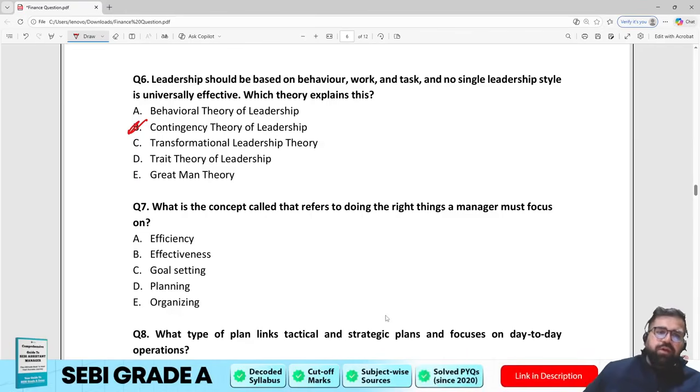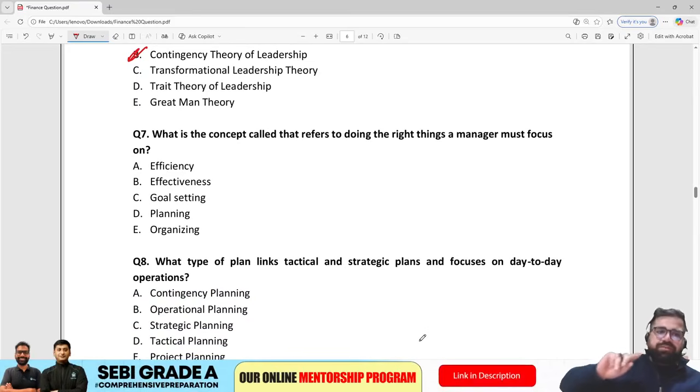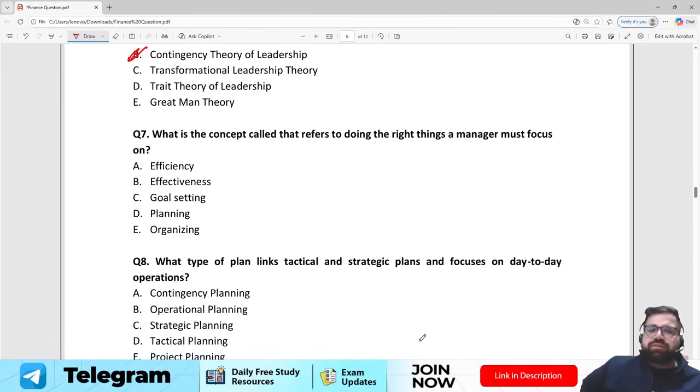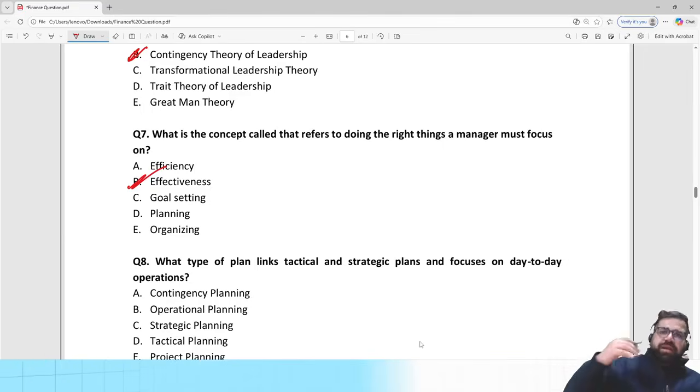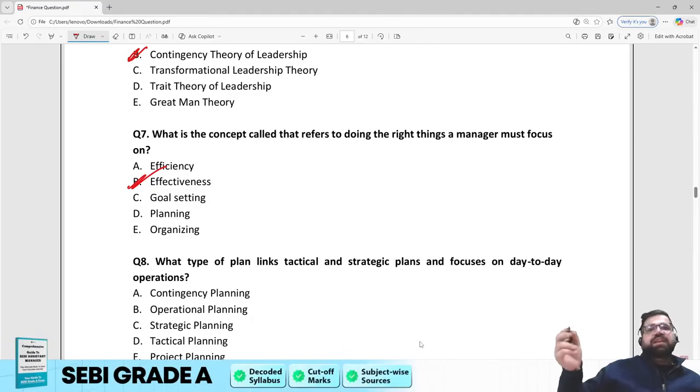Simple. Question number 7 of management now. What is the concept that refers to doing the right things a manager must focus on? Now again, directly based on the concept of effectiveness. Effectiveness says that you have to do the right things. But efficiency says that you have to do the right things in the right manner.